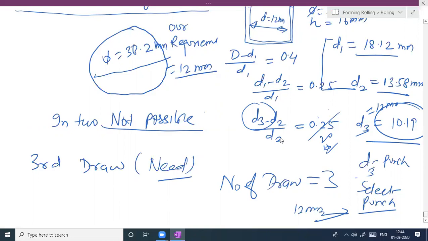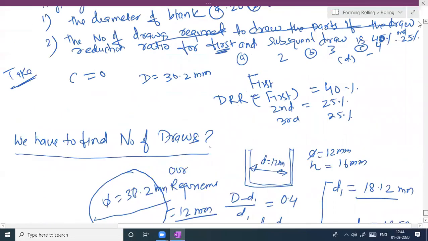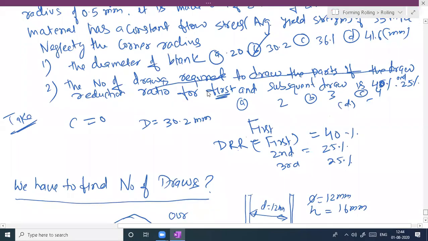The number of draws is nothing else; it is given in your problem. It is mentioned: number of draws required to draw the parts, draw reduction ratio for the first 40% and subsequent draws 25%.